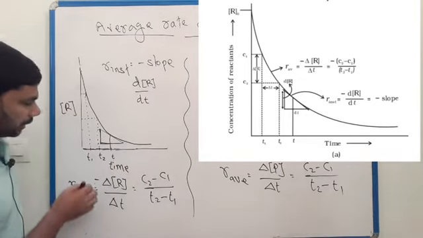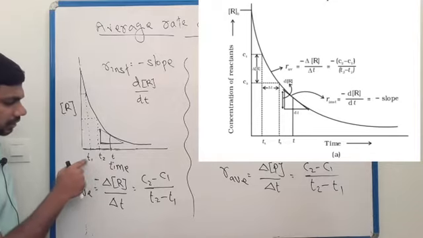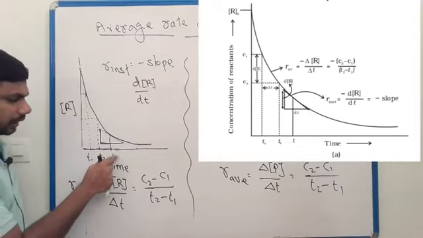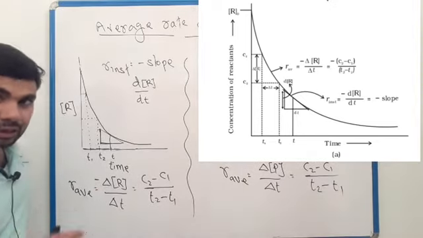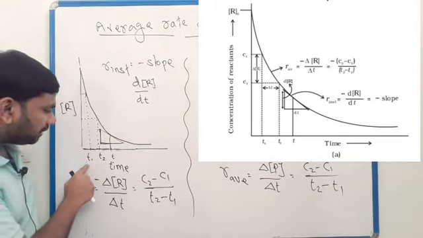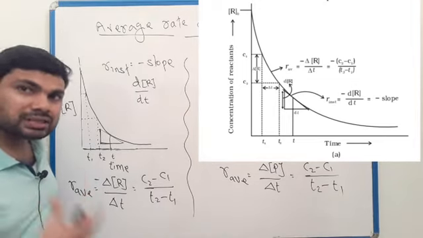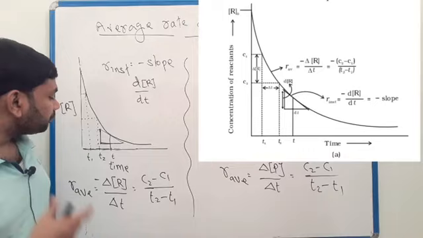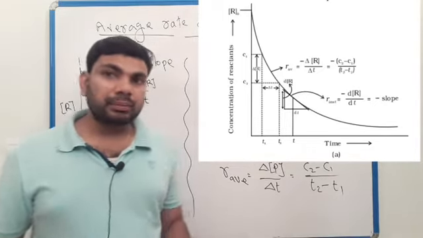Look here, I have taken three points, T1, T2 and T. The rate of chemical reaction between T1 and T2 is called the average rate of chemical reaction.